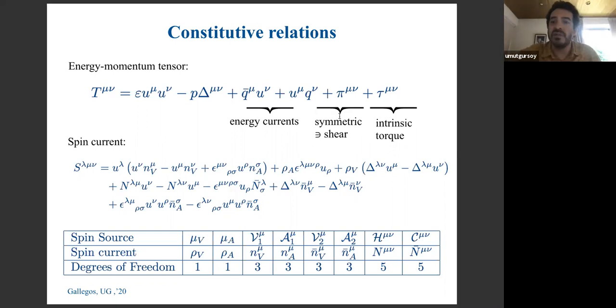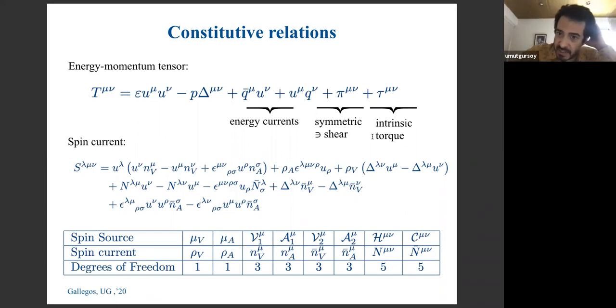That would be like the shear viscosity, or bulk viscosity. But here there can be some order 0 contribution that is essentially determined by the sources, and then there is the antisymmetric part as an antisymmetric two tensor, which is called an intrinsic torque.